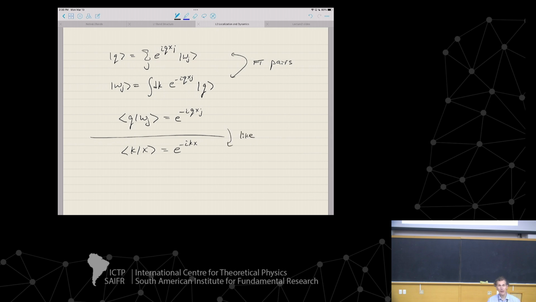And in the same way, x and p are conjugate, just like the Wannier and Bloch bases are Fourier transform pairs of each other. So anything I can do in one space, I can do in another space, and you'll see that's like the one-trick pony for the rest of this lecture. We're going to ask a question, write it in a new basis, and then the answer comes out, okay?